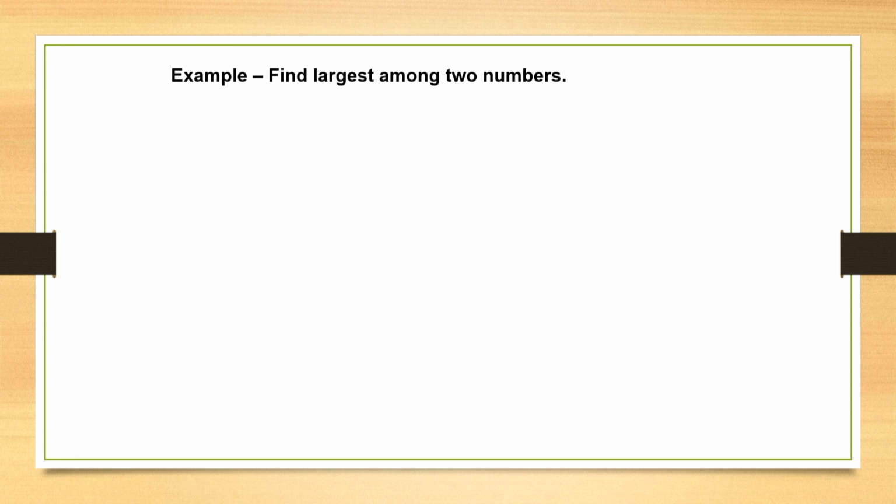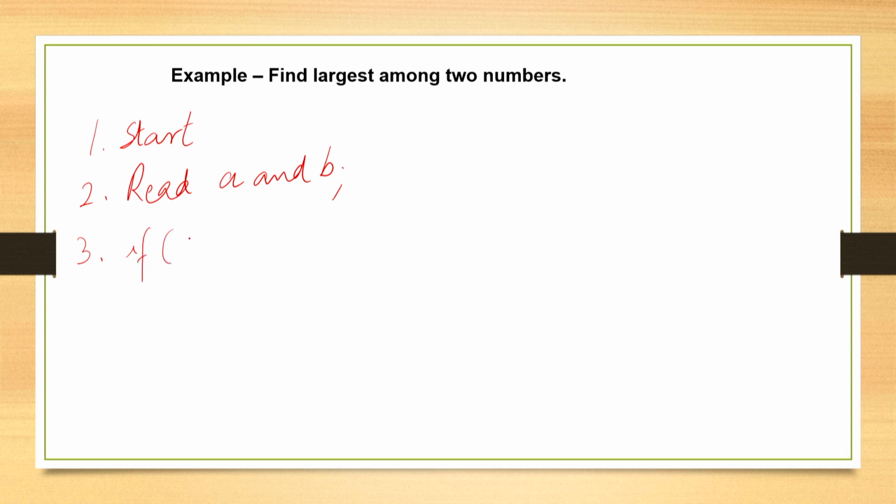Let us take another example to find the largest among two numbers. So, first write the algorithm. Here you have to read these two numbers, say A and B, okay, and then you have to compare it.